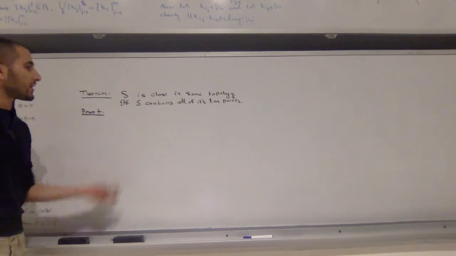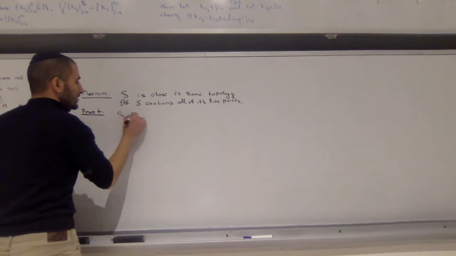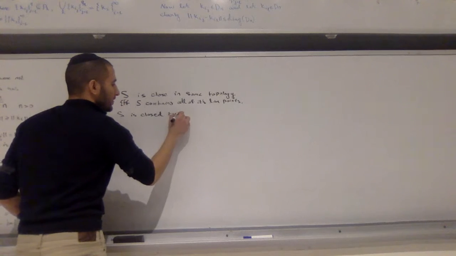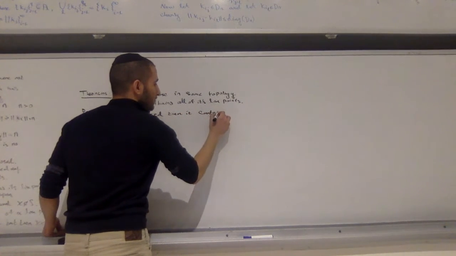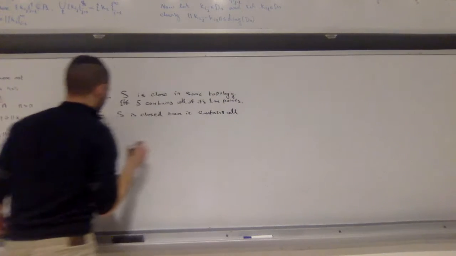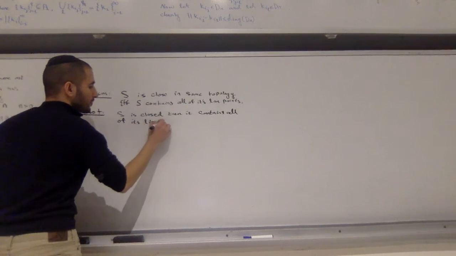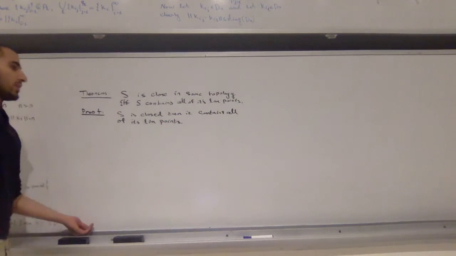Well, let's go in the first direction. Let's show that if S is closed, then it contains all of its limit points. All right.